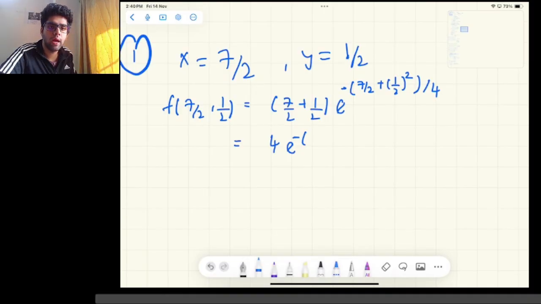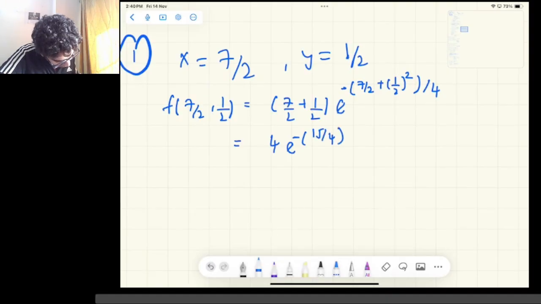If I multiply out, 7 by 2 plus 1 by 4 gives 15 by 4. So 15 by 4 divided by 4. This will give me basically 4 into e to the power minus 15 by 16, right?